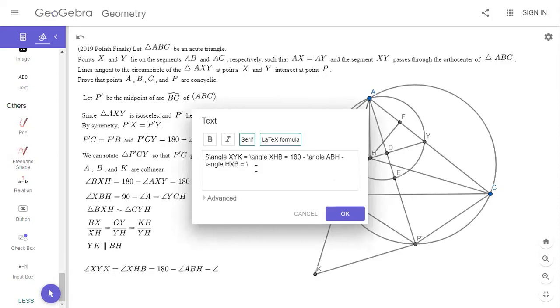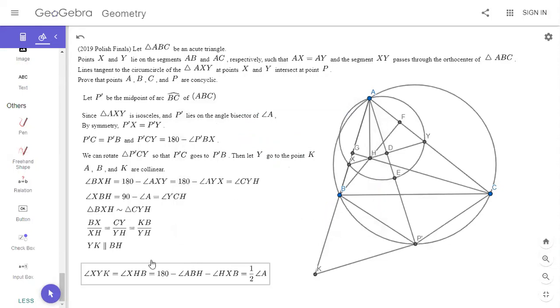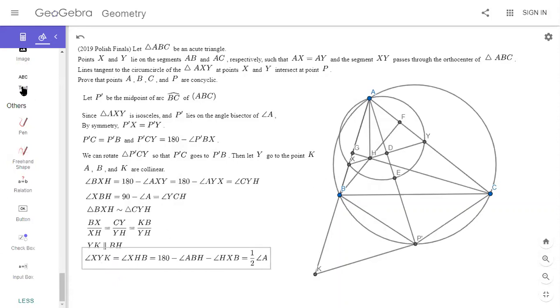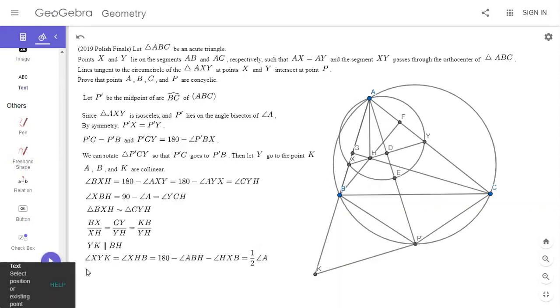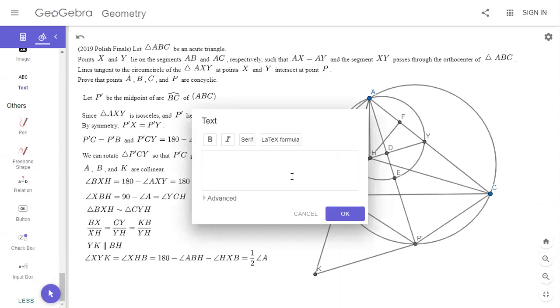And then by an angle chase, that's equal to half of angle A. I might write out this angle chase in more detail, but basically that means that Y, E, and K have to be collinear because we have angle XYE is equal to angle XAE, which is half of angle A. So Y, E, and K are collinear.